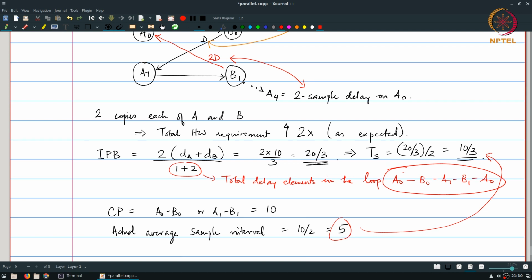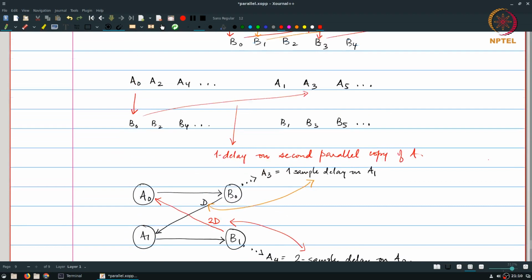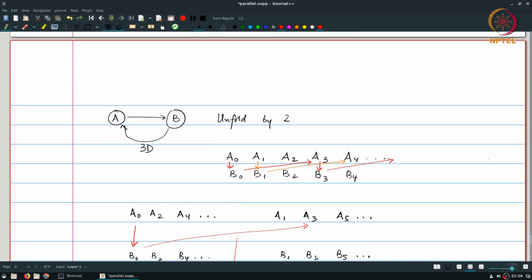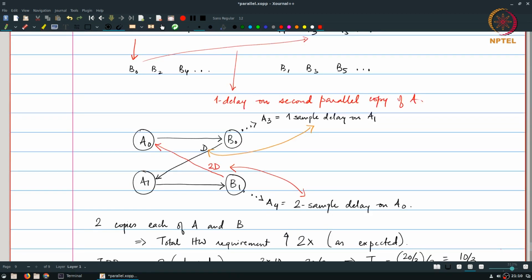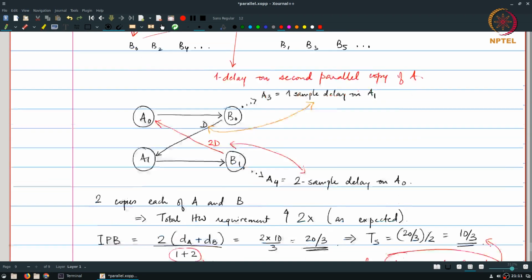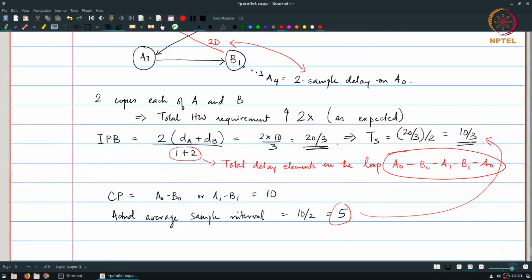So in other words, this example was primarily to show that you don't always have to unfold by a factor which will give you the completely separated out loops. In fact, in some cases it may not even be possible, but in general, by unfolding in this way, you can create a resulting structure which has a better average sample interval than the original structure that you started out with.